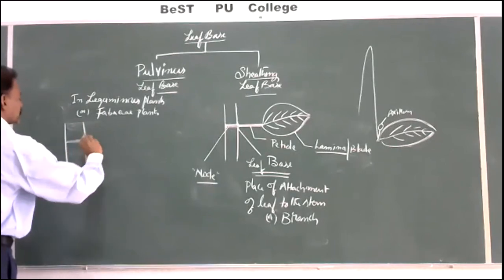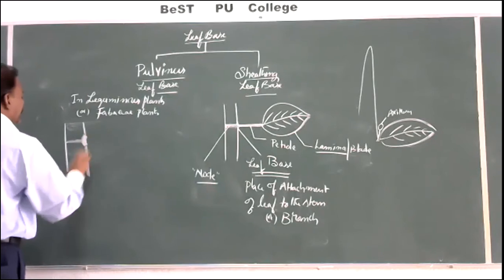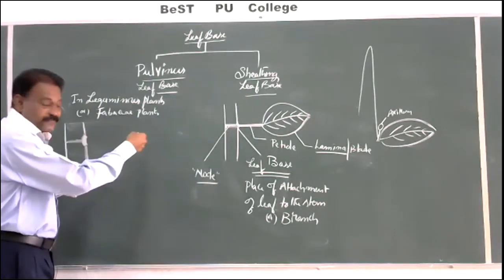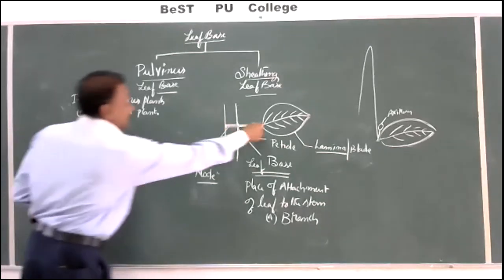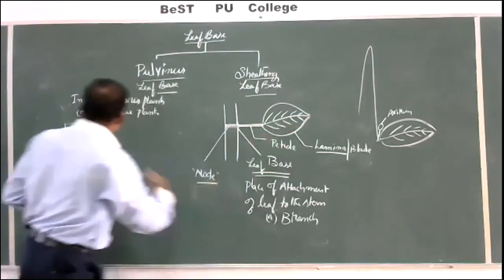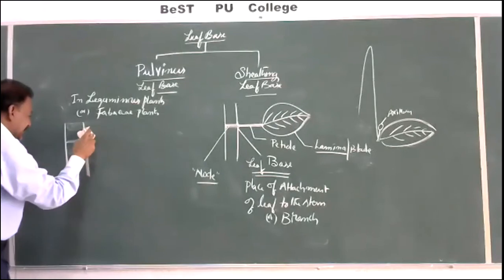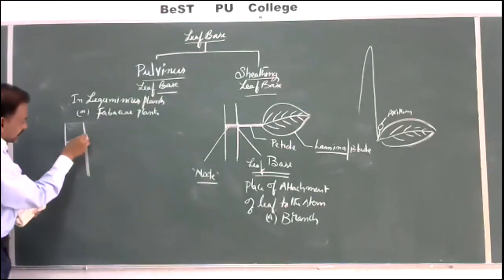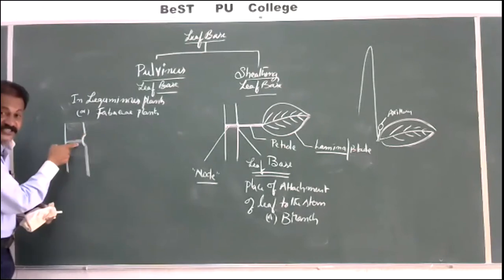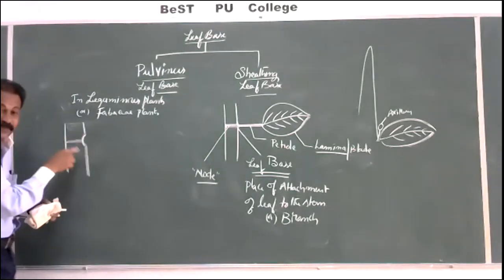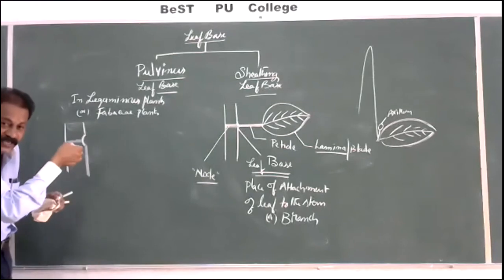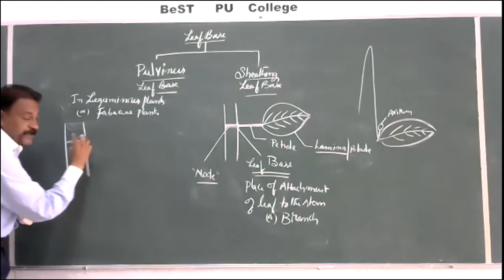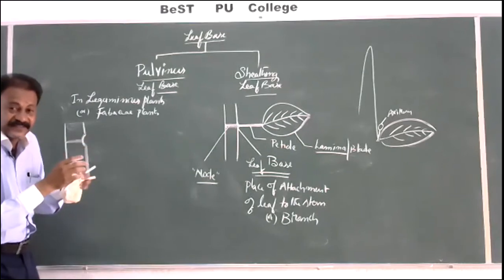This base is swollen. It means when we pluck a leaf, listen carefully, when we pluck this leaf, this area forms a structure. This structure is called swollen. Swollen means easy to remove the leaves, and a broader base.